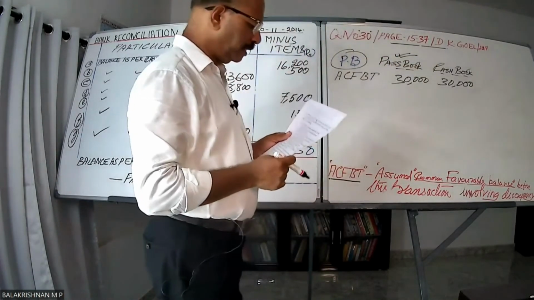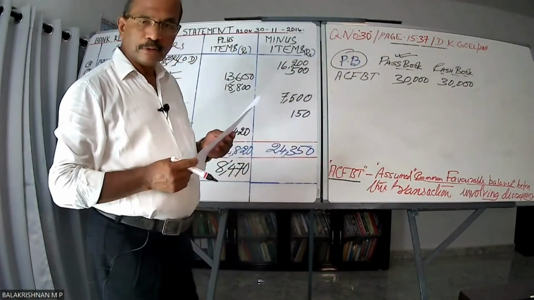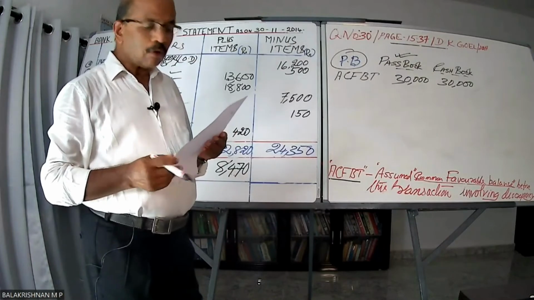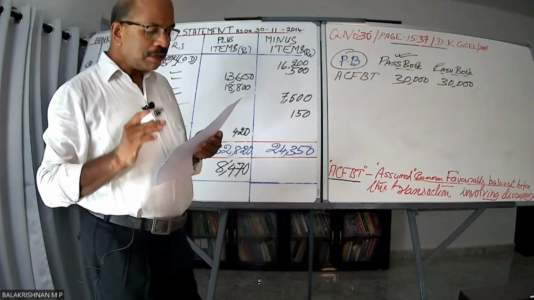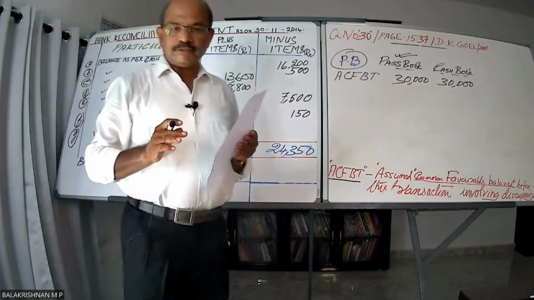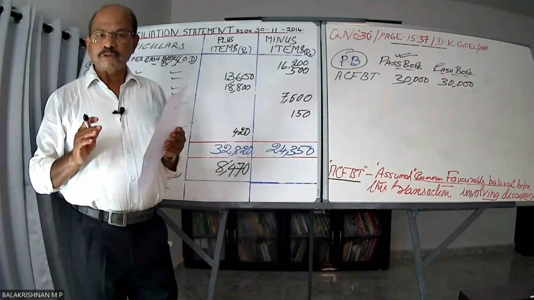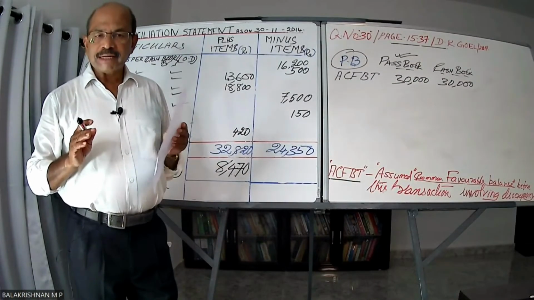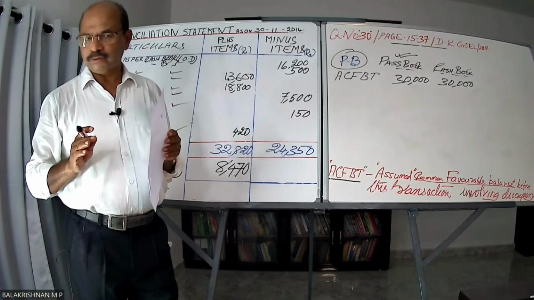Okay, fine. Next one. A check for rupees 13,600 drawn on his savings deposit account has been wrongly recorded as drawn on the current account in the cash book. Well, students, keep it in mind. Business accounts will be current accounts. Personal accounts are for savings purposes only.